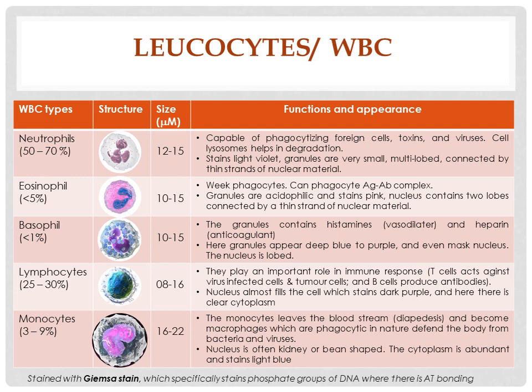So what they do is they phagocytose foreign cells, toxins and viruses, and inside the cell, with the help of lysosomes, they degrade all these foreign particles, and normally it stains light violet, and since the granules are very small, it is difficult to see or differentiate these granules under the microscope. And they are multi-lobed, connected by thin strands of nuclear material. This is all about neutrophils.